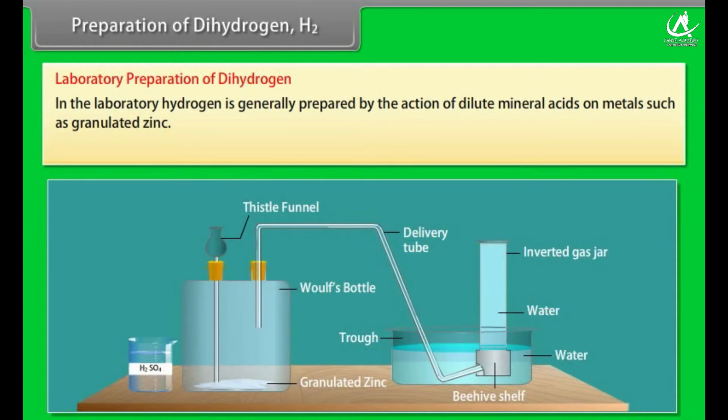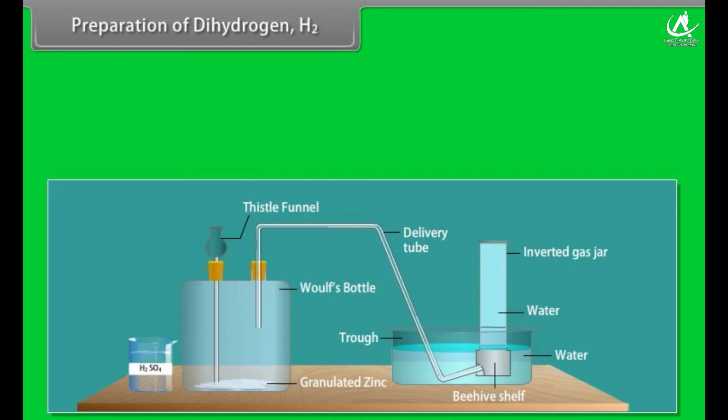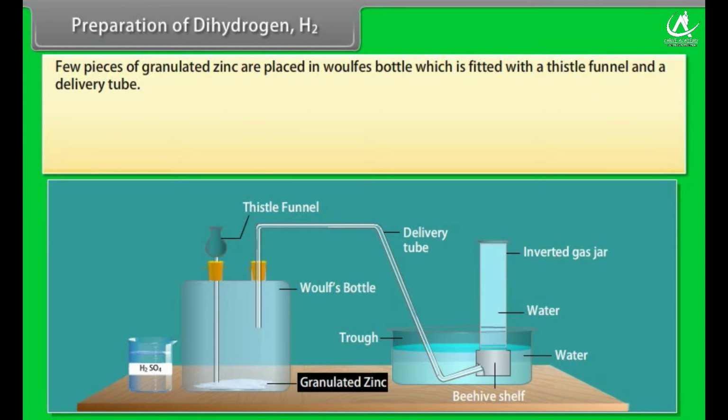Preparation of dihydrogen, H2. Laboratory preparation of dihydrogen. In the laboratory, hydrogen is generally prepared by the action of dilute mineral acids on metals such as granulated zinc. A few pieces of granulated zinc are placed in a Woulfe bottle fitted with a thistle funnel and a delivery tube.